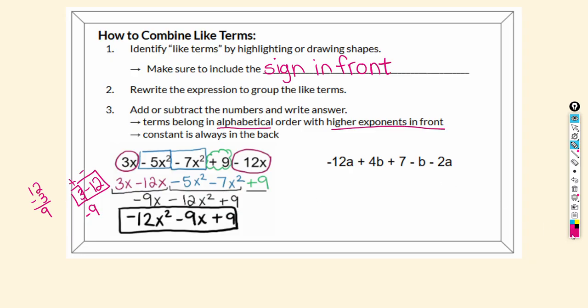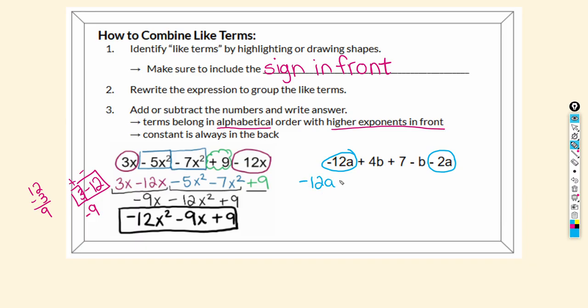All right, now let's do this one together. First, we're going to make our matching symbols around the matching terms, the like terms. So if I first circle negative 12a, this is not an a, this is not an a, this is not an a. I need to circle negative 2a as well, because they both have a's, they're like terms. Now let's rewrite them together.